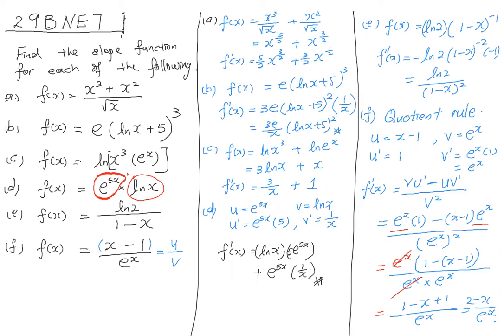So we have done all the rules. So every time when you talk about finding the slope function, first thing you have to ask yourself, can I simplify it? How to simplify, all the methods you know. Second thing, can I use simple rule?